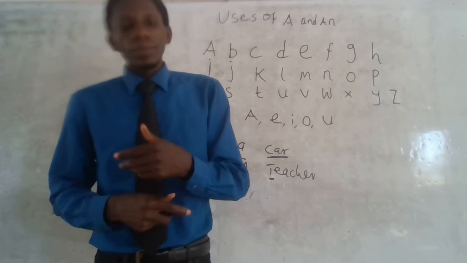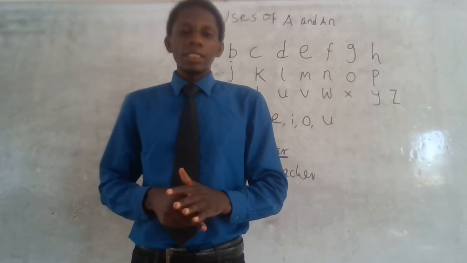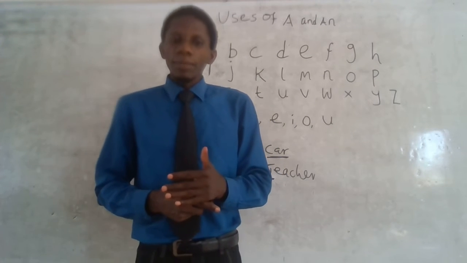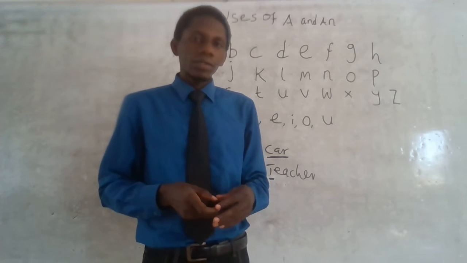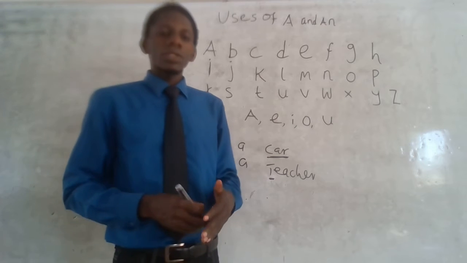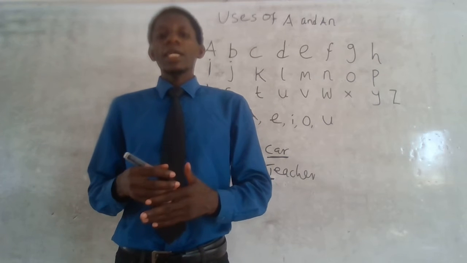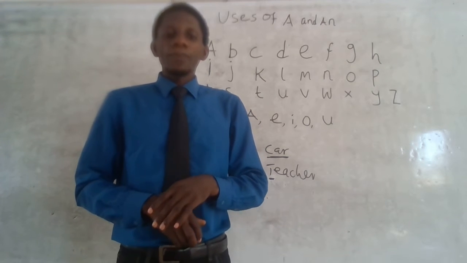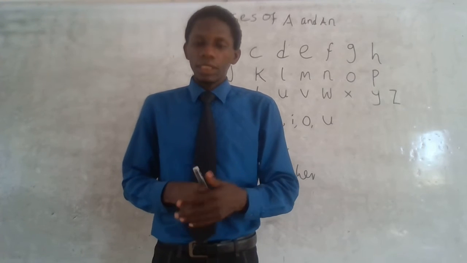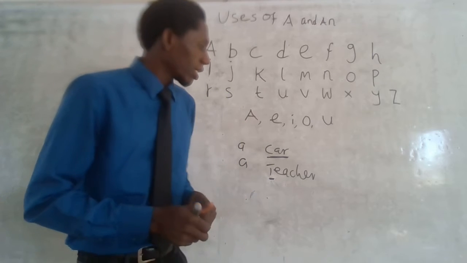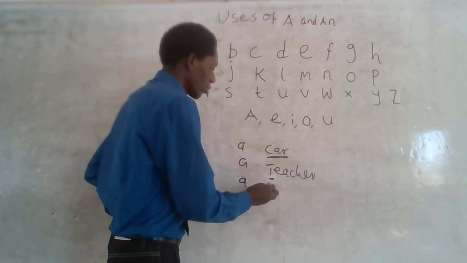Now we can also use the article a if a word begins with a vowel but it sounds like a consonant. For example, a one-sided figure.